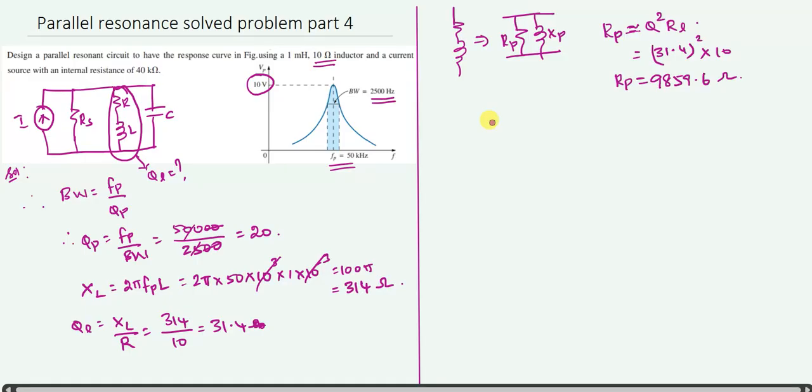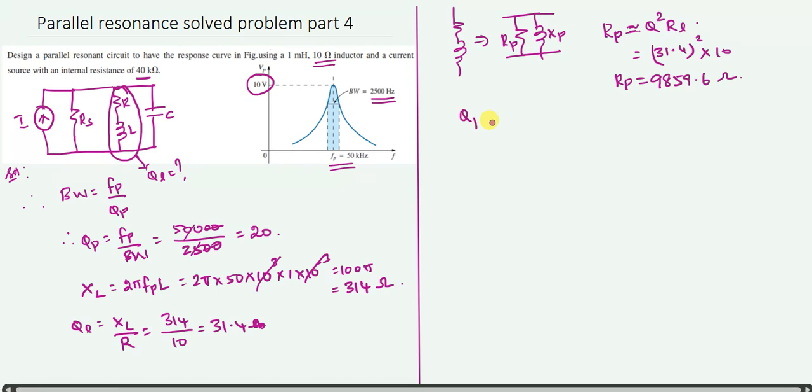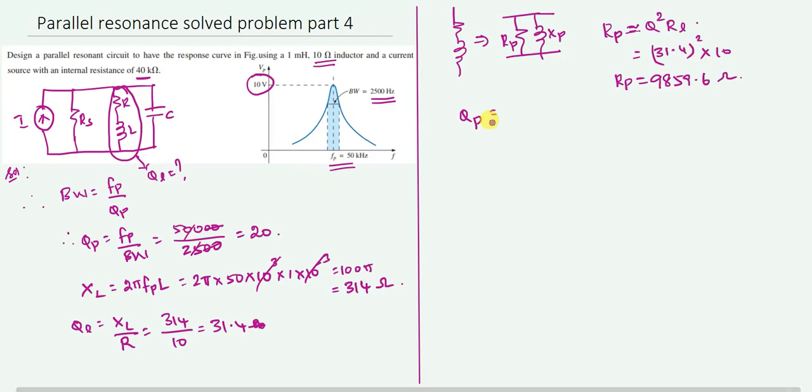Next, here they have given the internal resistance of the source as 40 kilo ohm. We know the formula for the quality factor of the circuit, which is RS in parallel with RP divided by XL.